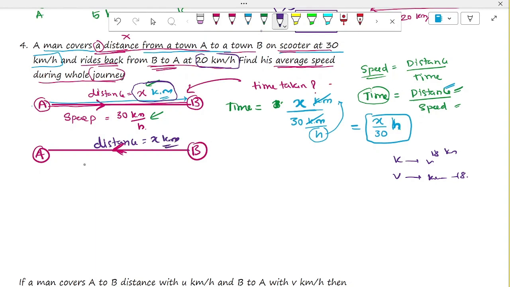Okay, but there is a difference in speed. They are saying that he is going back. Here he is going a bit slower than the previous one. Previously he went a bit faster. Imagine there was traffic, so he is not able to go fast, so he is going at 20 kilometers per hour speed. So now can you tell me what will be the time?